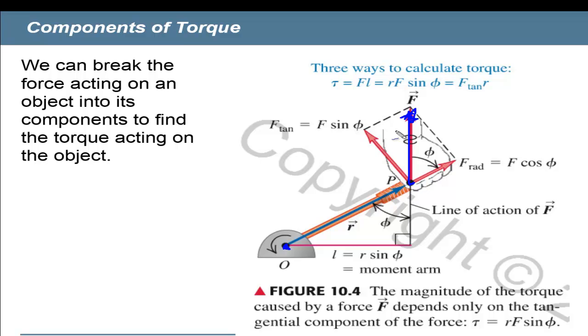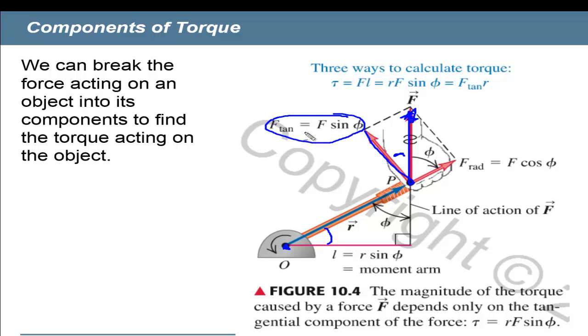So one way we could do it is we could say, all right, I have some angle it's inclined at right here, and I can figure out my angle up here, and I can break this into its component that's perpendicular to the arm, or the lever. My torque would be the radius of this rotation, the length of the lever, times the perpendicular force, right?